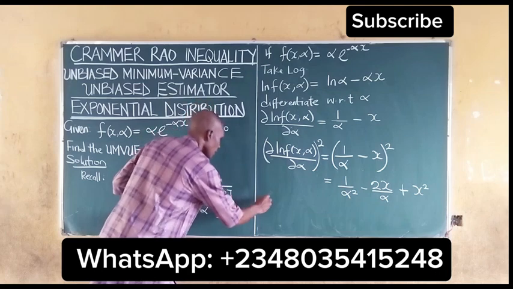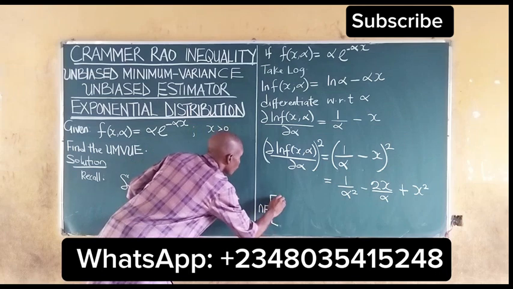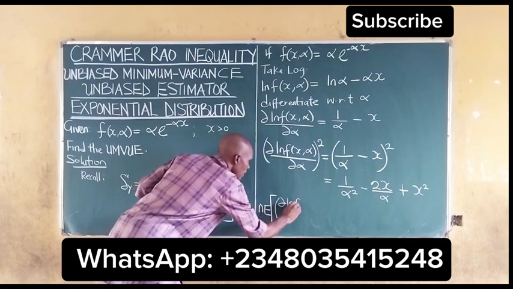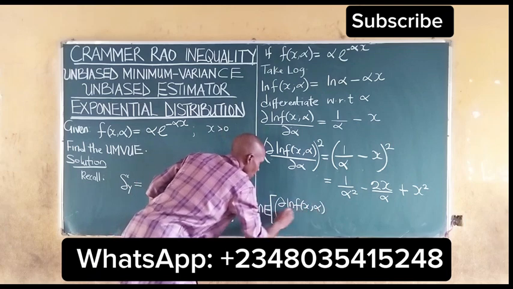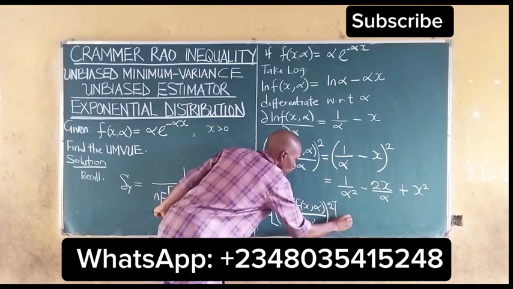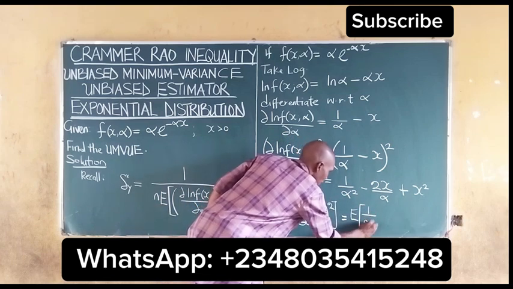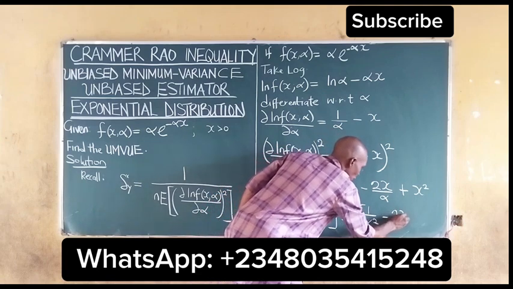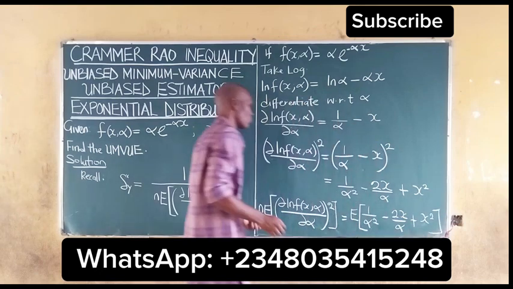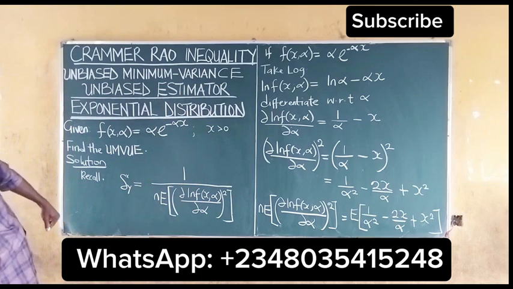So we can write n times the expectation of the whole of this, the differential of our ln function all over phi, squared, equal to the expectation of 1 all over phi squared minus 2x all over phi plus x squared. So we succeeded in taking our expectation. The next thing to do is to open the bracket.